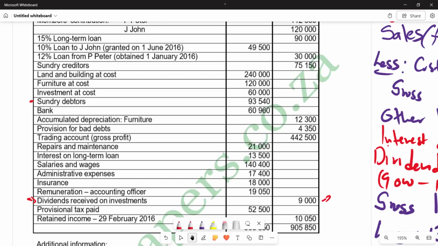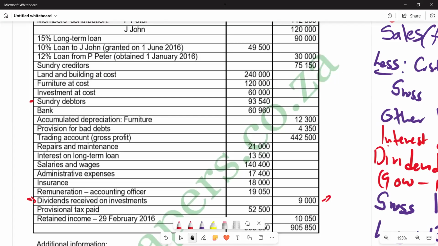Right, from interest we are going to salaries and wages, our other expense that we have there. For salaries and wages we have 140,400, and then we check for any prepayments or accruals in the additional information.